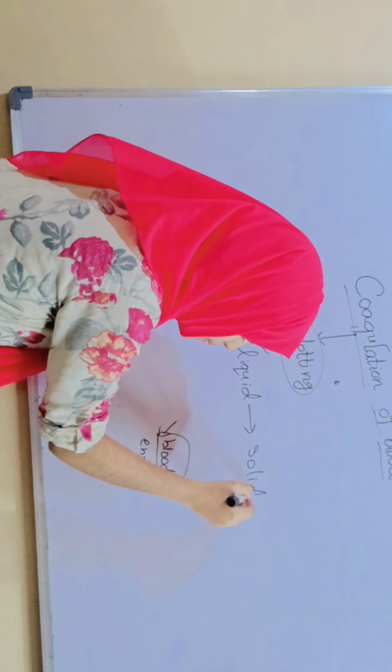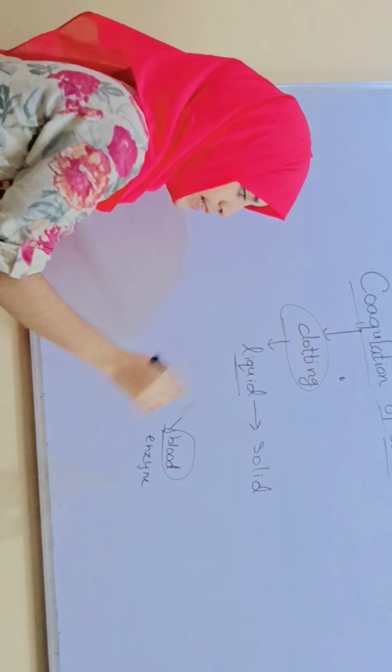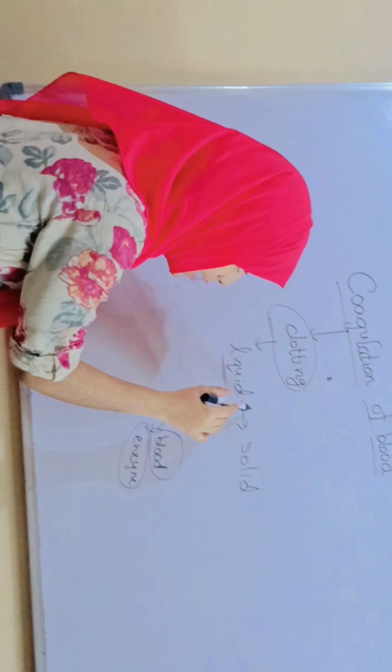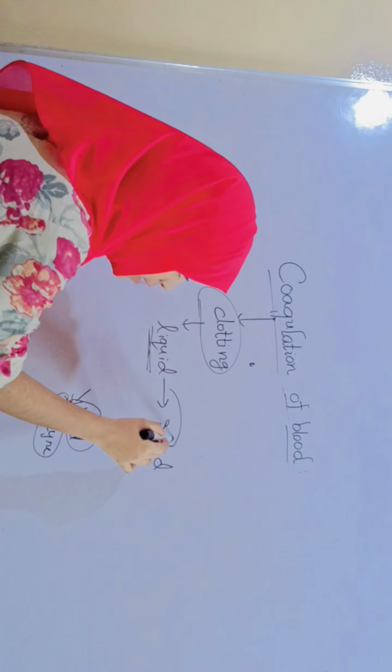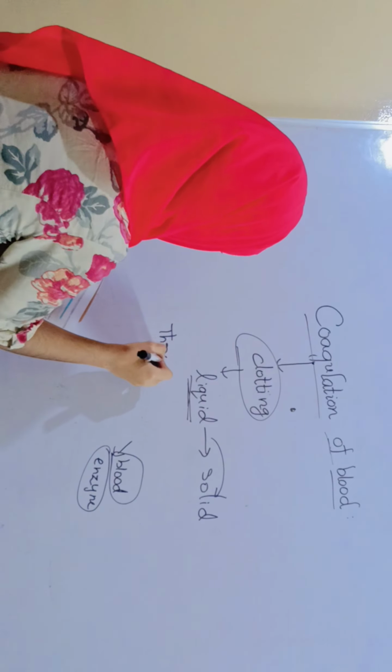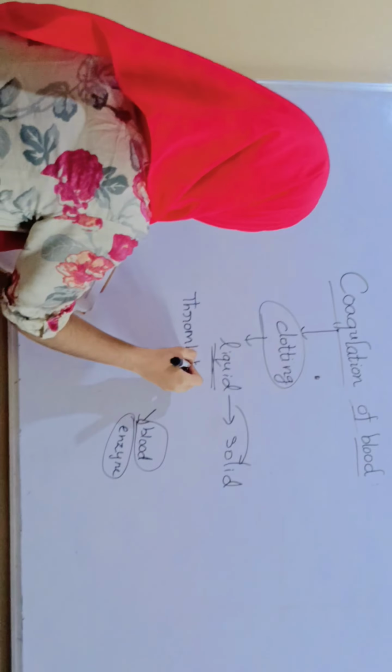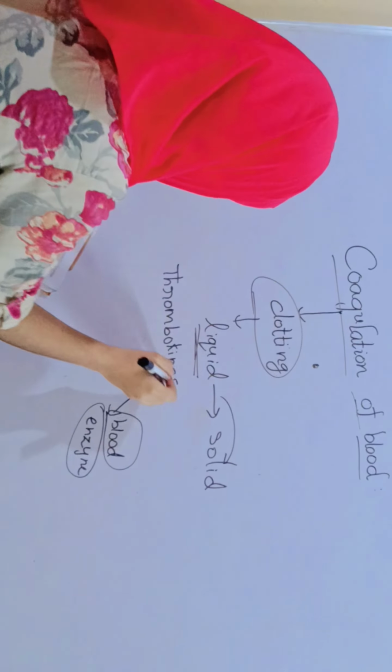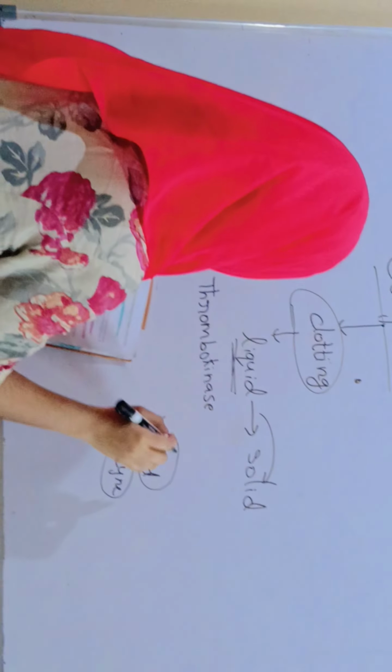The blood which is present in liquid form, one enzyme is there, thrombokinase, which acts on the liquid form and changes it to the solid form. Thrombokinase is an enzyme which acts on prothrombin for coagulation of blood.